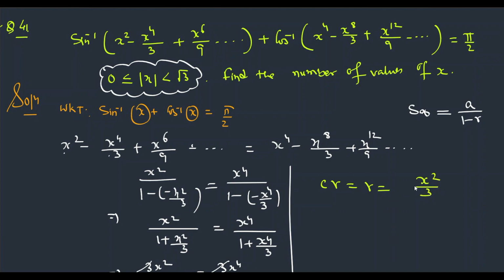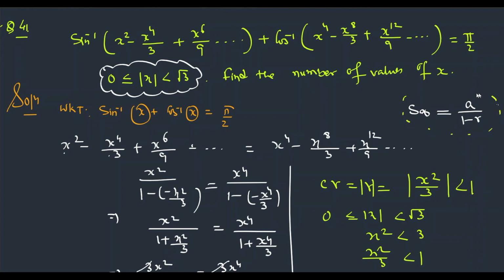So now if you take the modulus of the common ratio, it will be x square by 3. Now here 0 lesser than or equal to mod of x less than root 3. So if you do the square, it will be x square lesser than 3, that means x square by 3 lesser than 1. So this quantity is lesser than 1, otherwise this series is divergent.